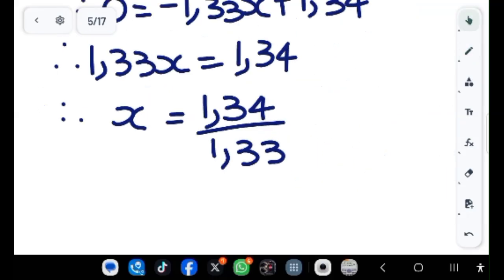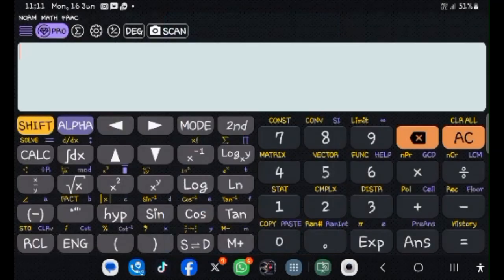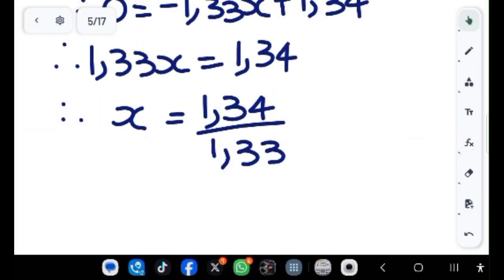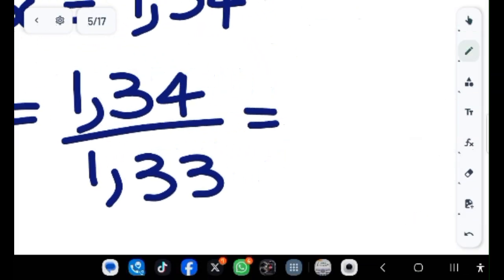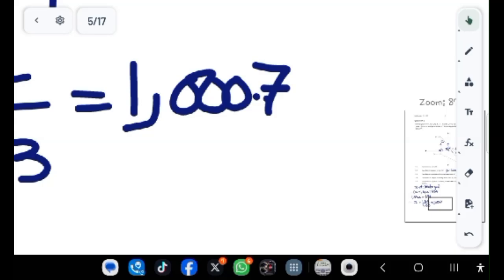Take out a calculator: 1,34 divided by 1,33 gives 1,007, which is approximately 1.